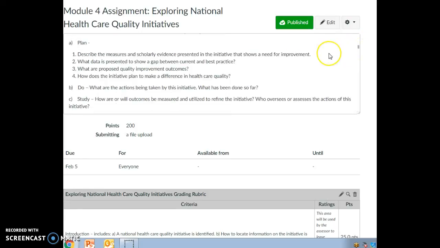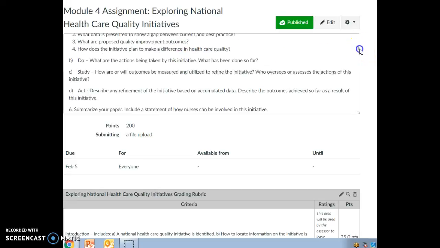And basically, you can sort of equate it to the nursing process. You're looking at the measures, the evidence presented that need improvement, and then you look at what is going on between current and best practice, how can we improve it, and does it make a difference in the quality of care? So that's the plan part. This is the do, or sort of your interventions.